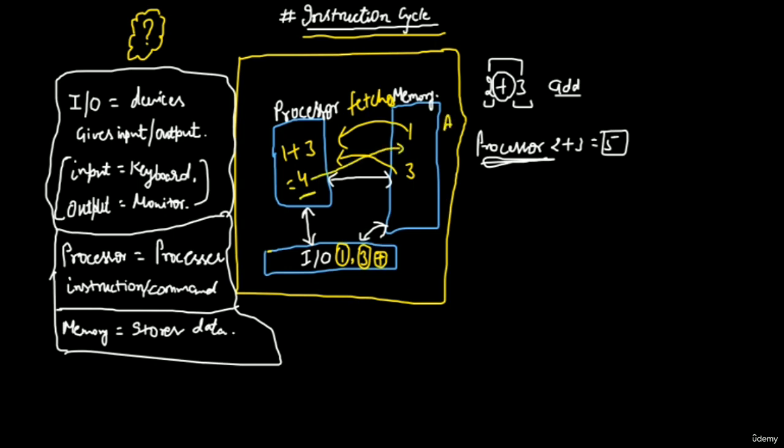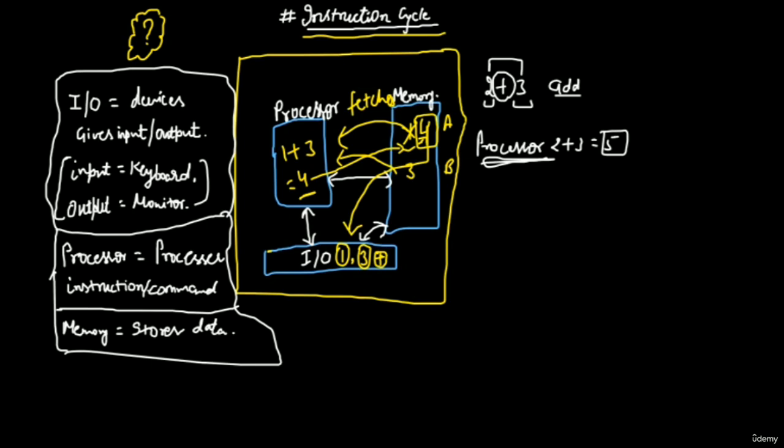If this is A and this is B, then A is our accumulator, let's say. So we are going to keep updating the value from 1 to 4. Now it will not be 1, the new value will be 4, and that's what is going to be displayed on our output device. So that's the instruction cycle.